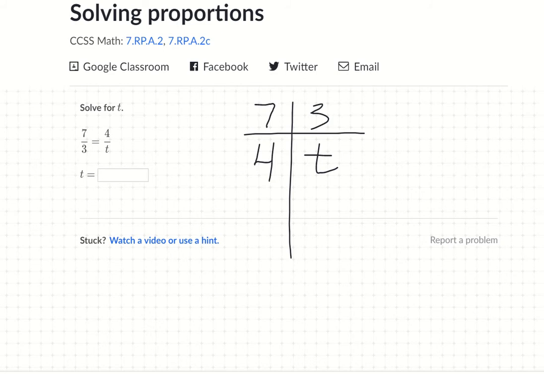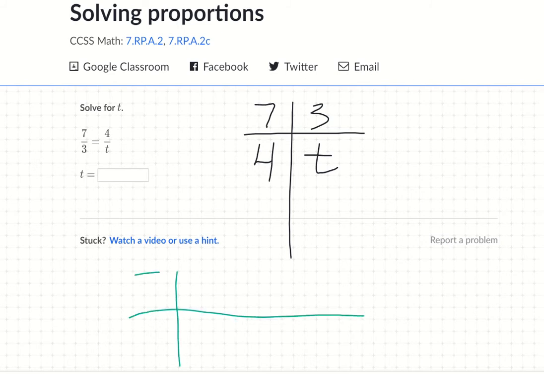So when we've done ratio tables in the past, we've kind of shown you that you might start with your original ratio 7 to 3, and then you would count by those numbers. So that's repeated addition, which is the same as multiplication.